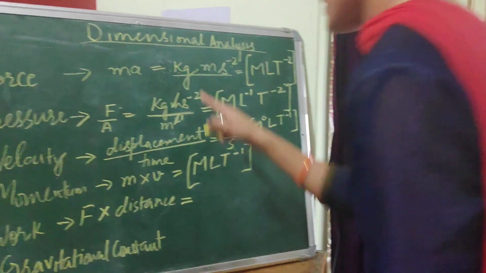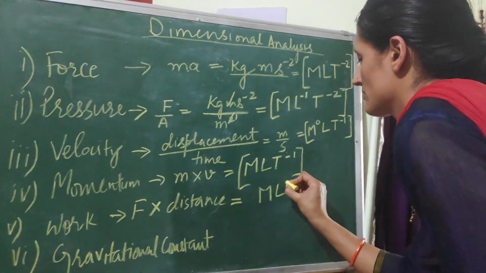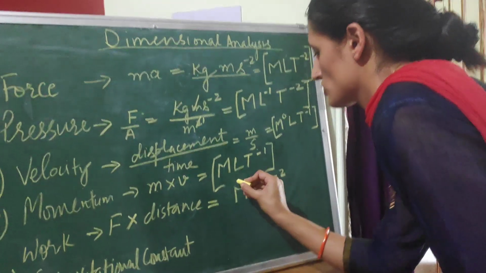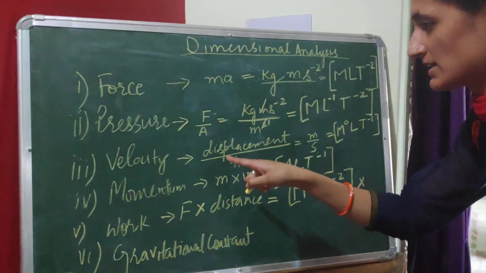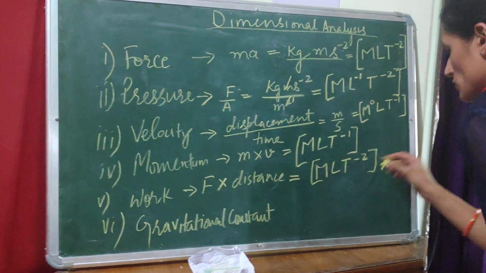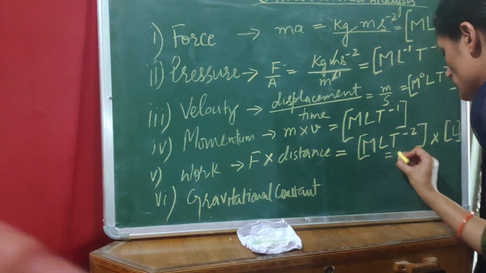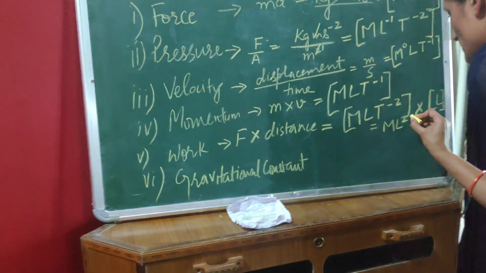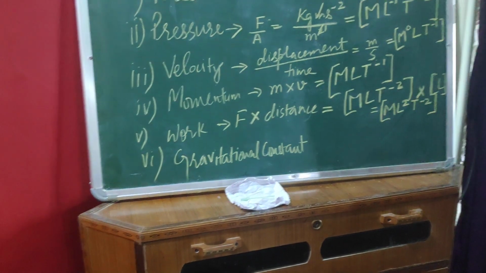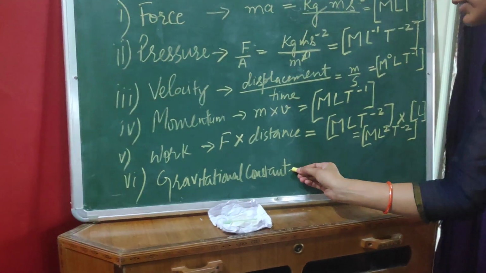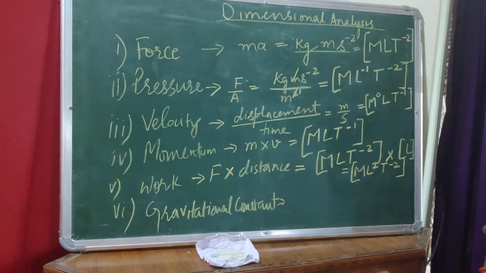Force in terms of dimensional formula is M L T^-2, and distance we can take in terms of length only, so only L. So what we are going to write? M L^2 T^-2. Clear?